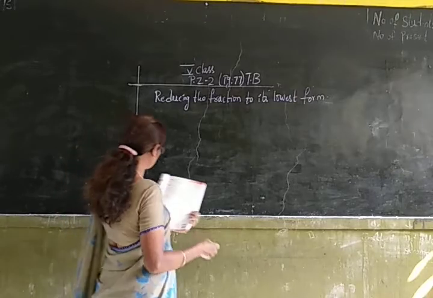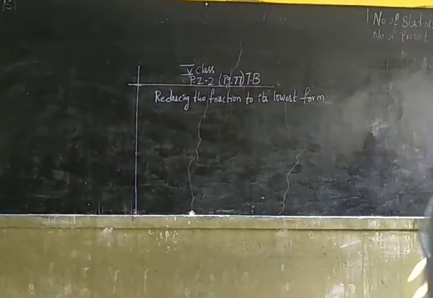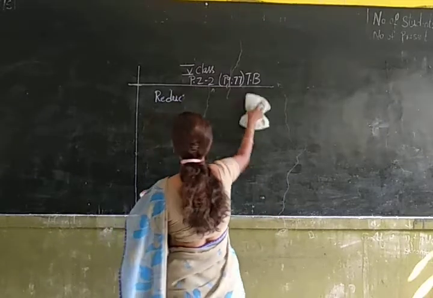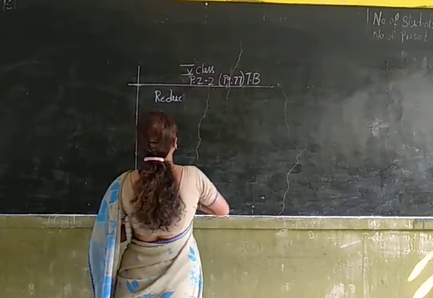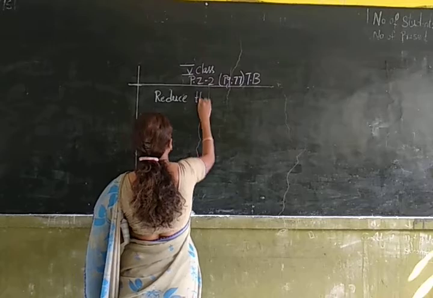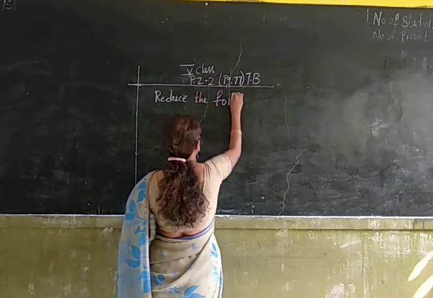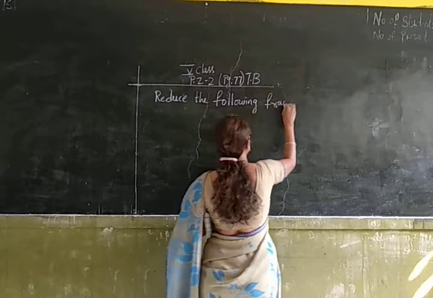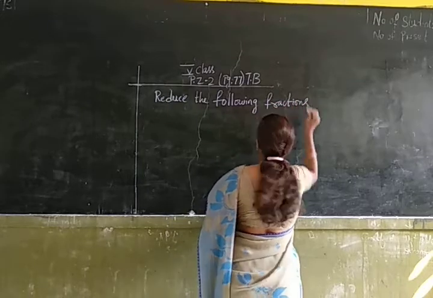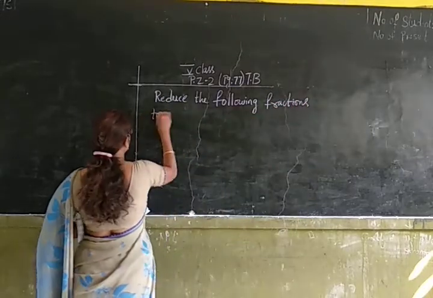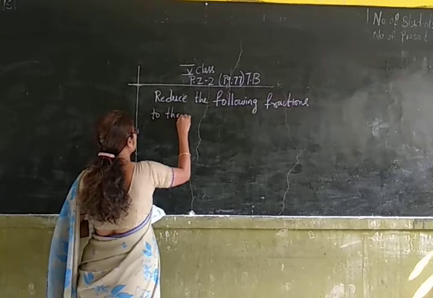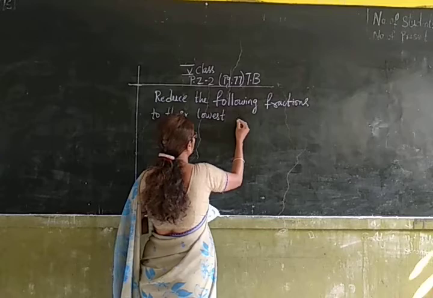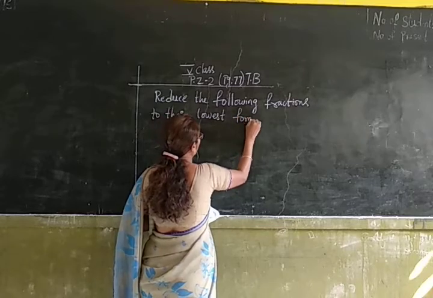So the question is: reduce the following fractions to their lowest form.